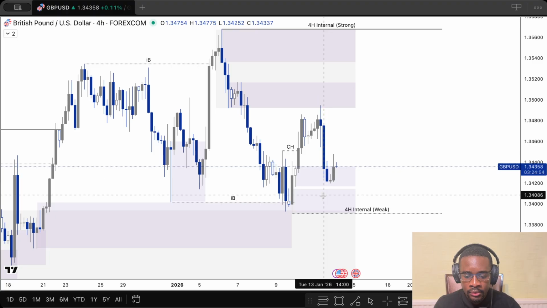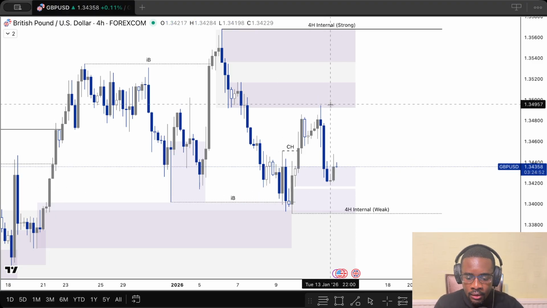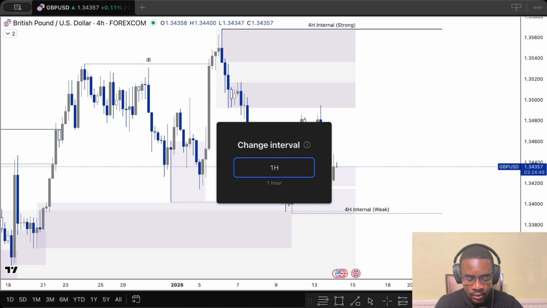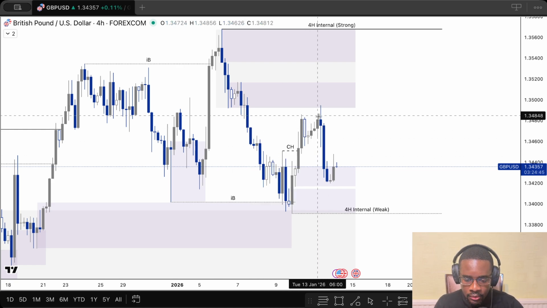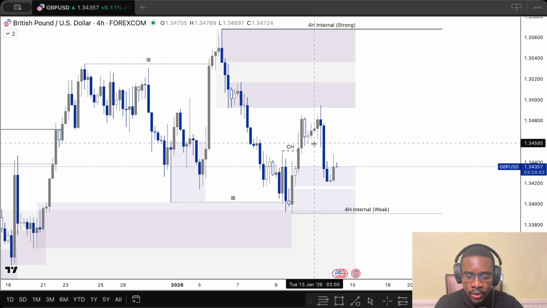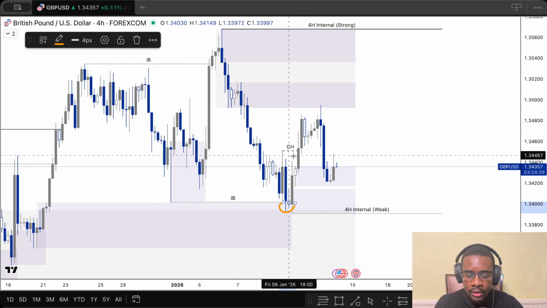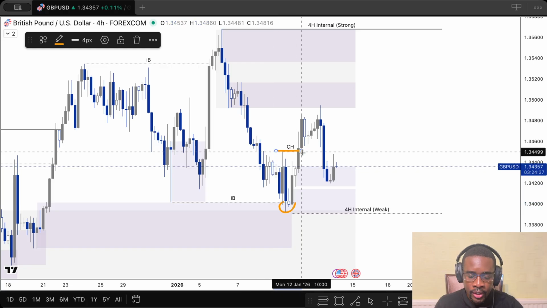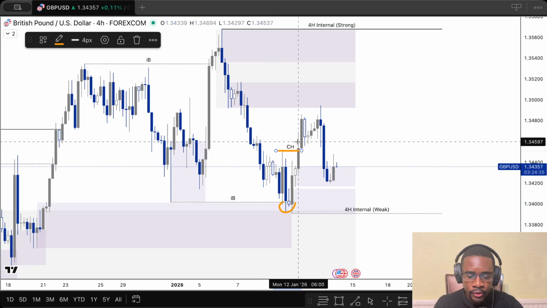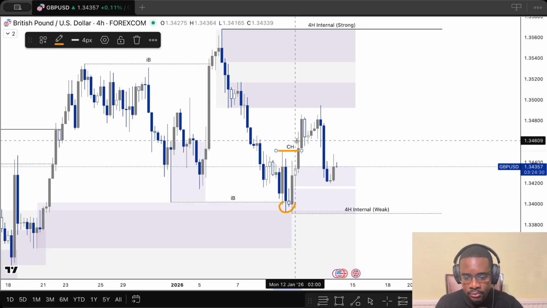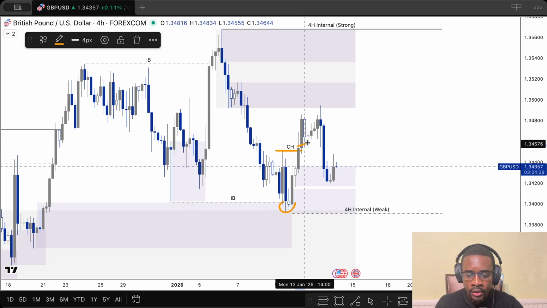I was saying on lower time frames, so let's go to the 1 hour. So on the 4 hour, yes, we've had an internal break of structure, but we've also had a bullish change of character. So this was just to facilitate the internal pullback, and then it pulled back up to the supply.